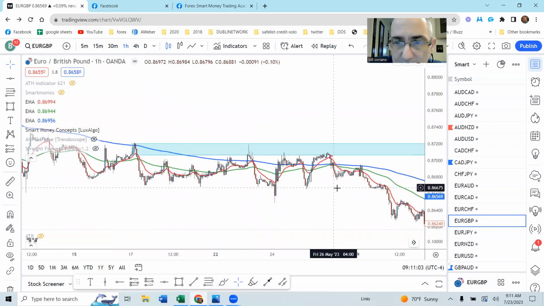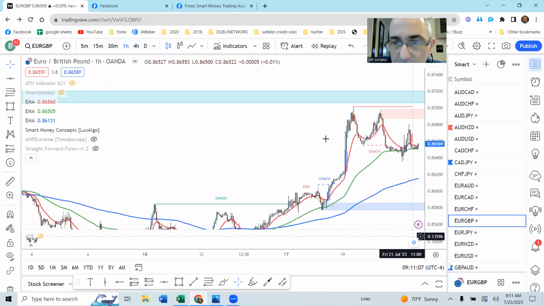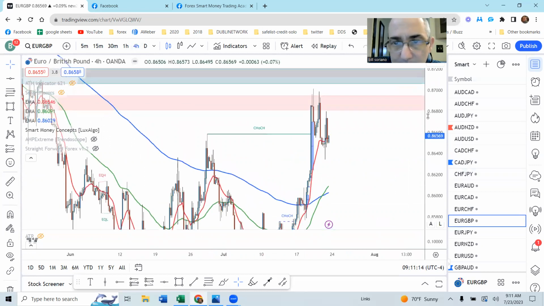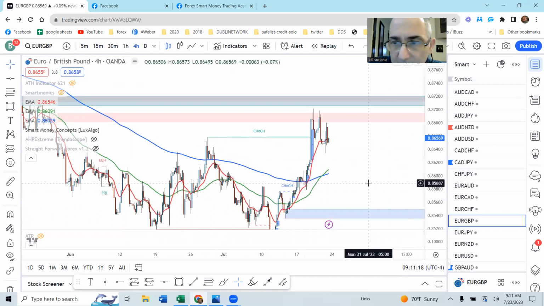So I don't really like anything that I'm seeing here on this chart. I don't like any of these areas. So let me look at this area here one more time. Yeah, I just don't like anything.